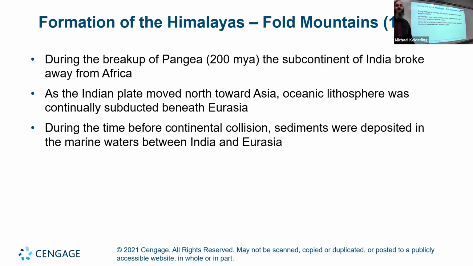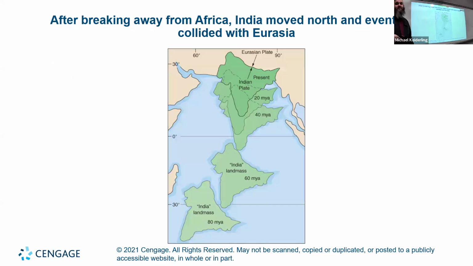And during the time of continental collision, sediments were deposited in the marine waters between India and Eurasia, and that sediment got captured and piled up and pushed up during the collision.